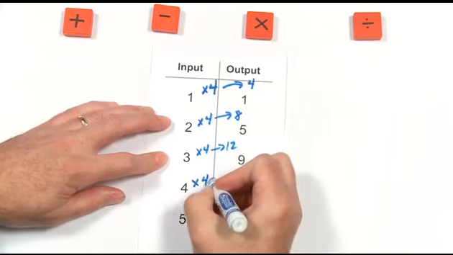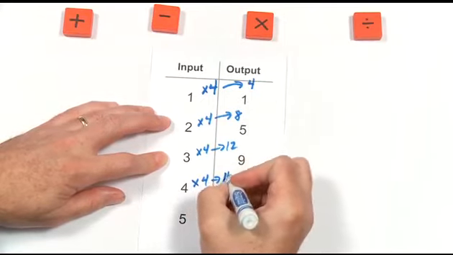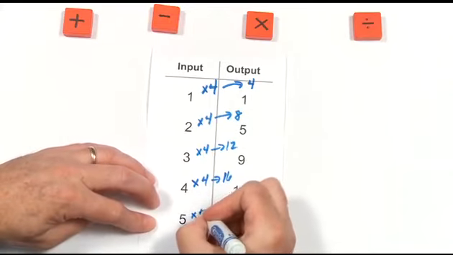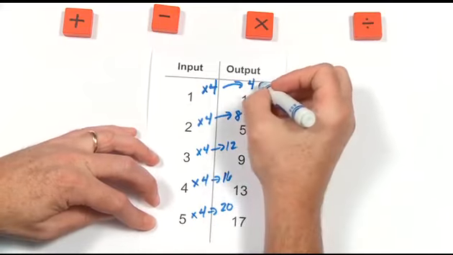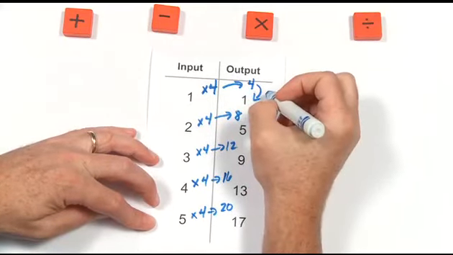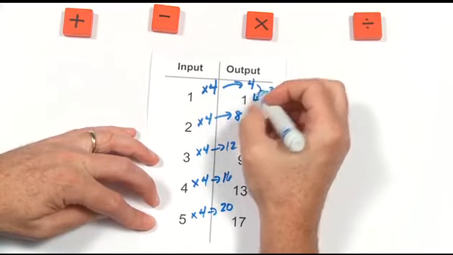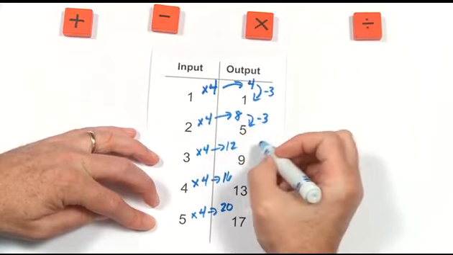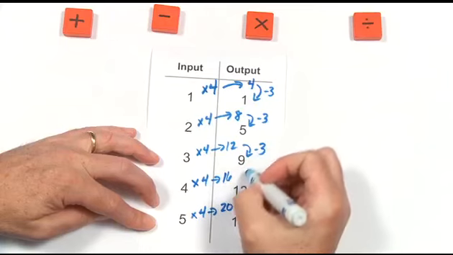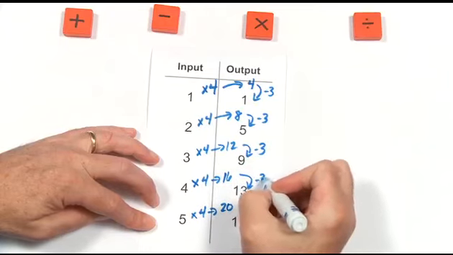4 times 4 gives me 16. And 5 times 4 gives me 20. Now, this is 3 away. So if I subtract 3 here, I get 1. If I subtract 3 here, this is very encouraging. Look at this. All the way through.